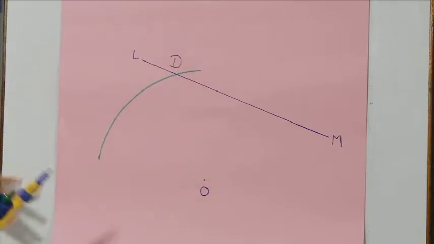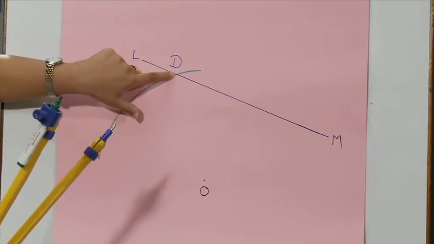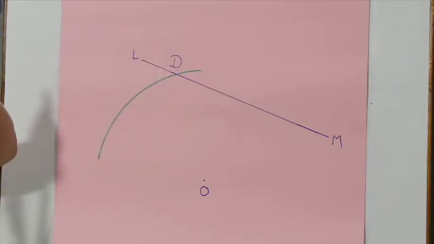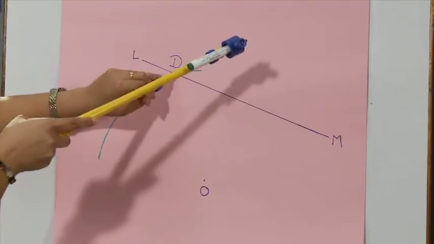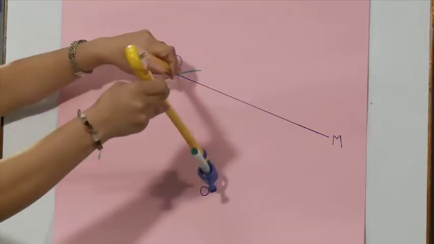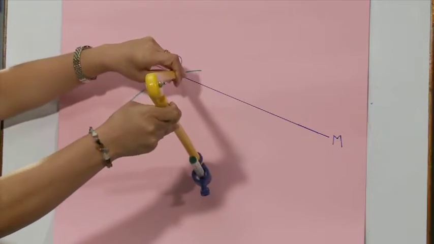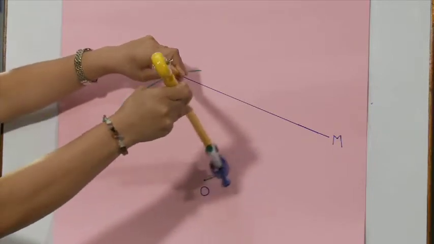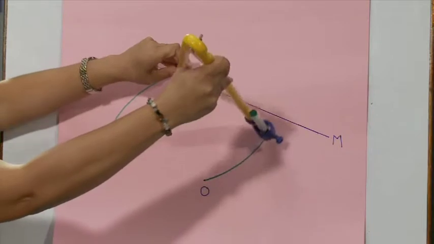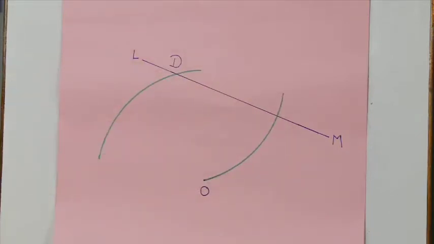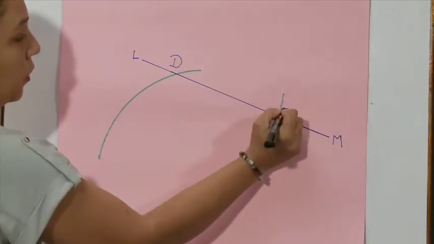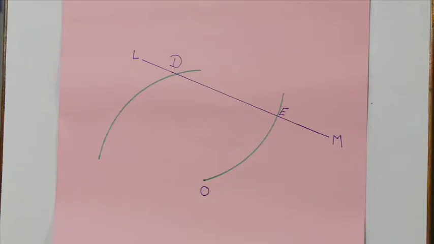Now, with this D, okay, you put your pointer on D, right? With the same measurement, you will draw an arc through O that will cut the line LM, like this, okay? We shall label this point E. Good?